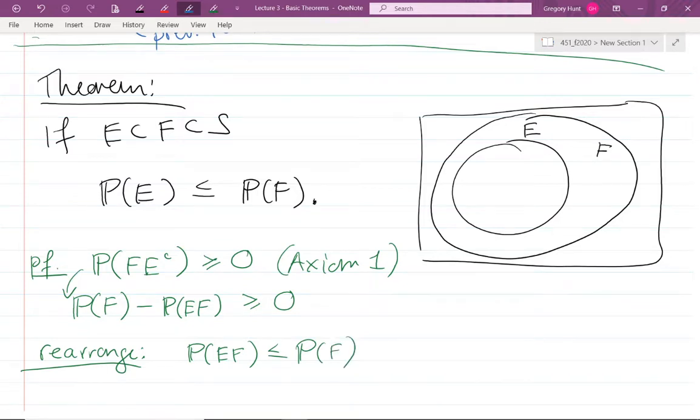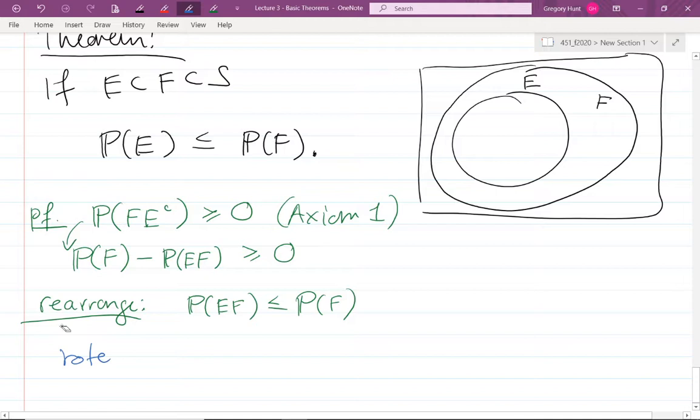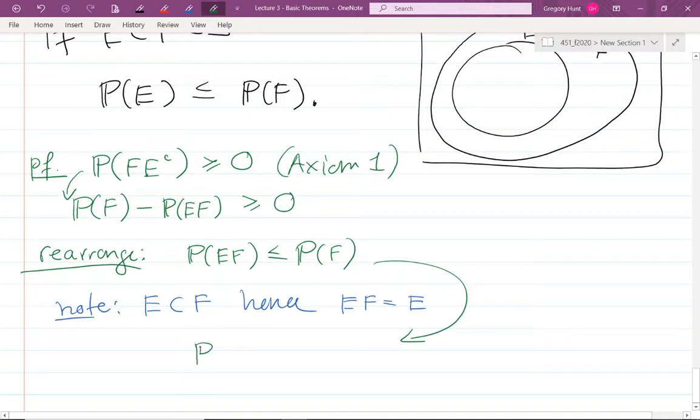Okay. But we should note here, it says note, N-O-T-E, that E is a subset of F. And as we said in the first lecture, the intersection E intersect F is just going to be the smaller of the two, which is E. So that fact allows us to write the left-hand side as just the probability of E, and so we get our result, that the probability of E is less than or equal to the probability of F. So that's a nice little result.